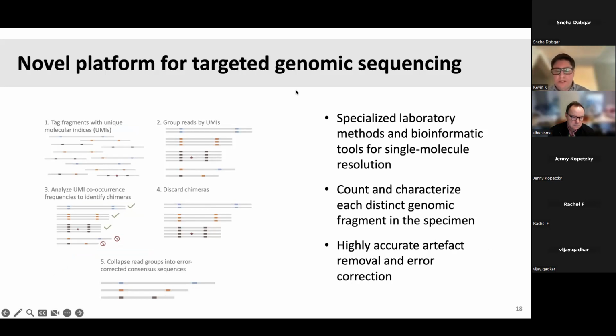Now, since our specimens contain mixtures of viruses from many hosts, getting a single consensus sequence doesn't really work for us. So our method uses these unique molecular indexes to generate basically a separate sequence for each fragment of genome in the specimen, which means that we can count and characterize each fragment separately. And it also gives us really highly accurate removal of sequencing artifacts and correction of sequencing errors.